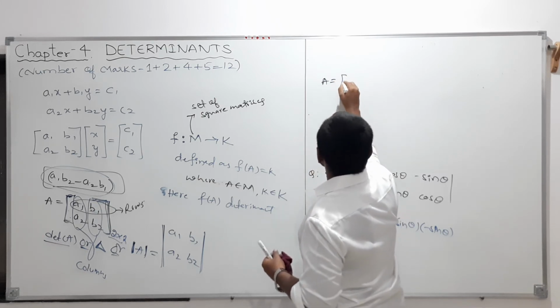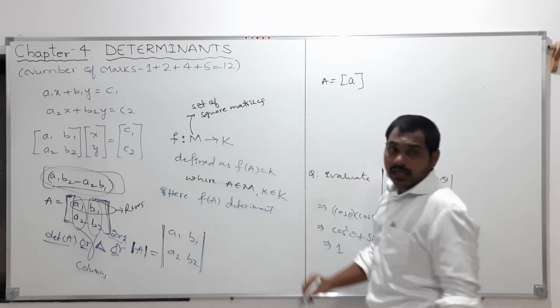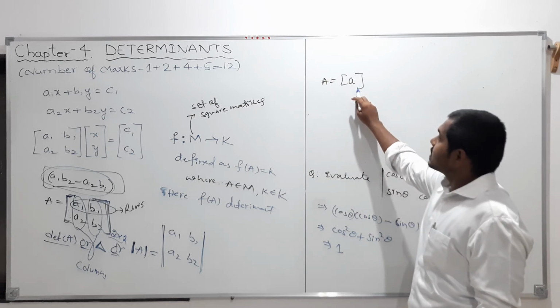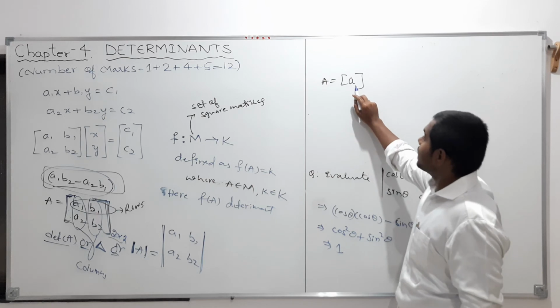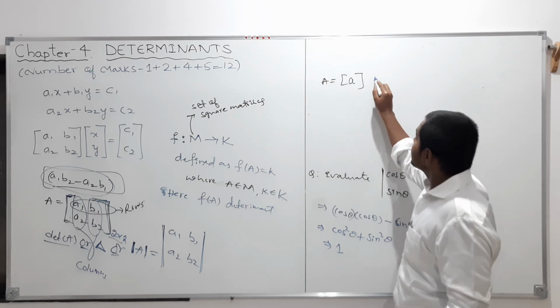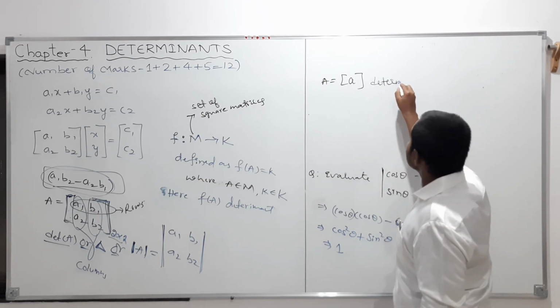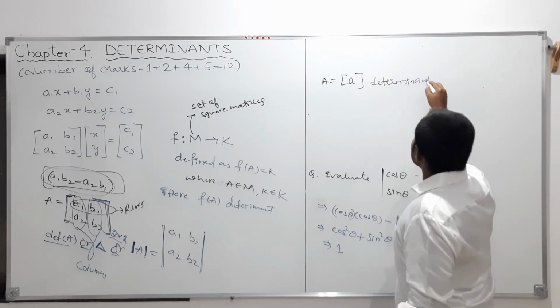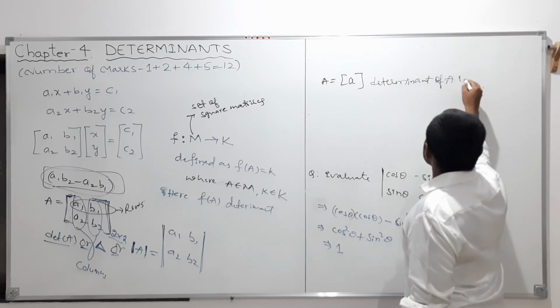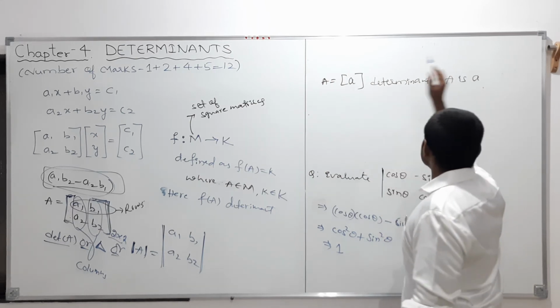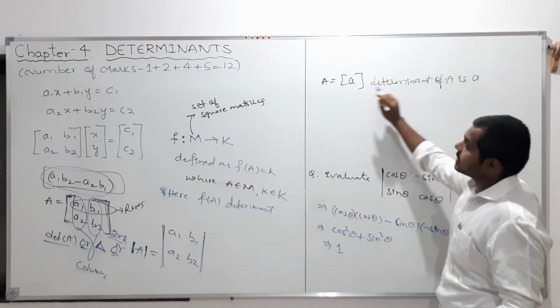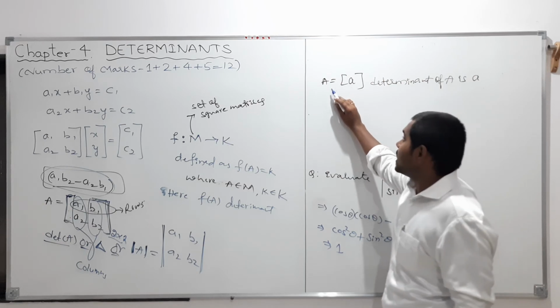If A is the matrix given to you and it is only of the order 1, this is the matrix of the order 1, in that case the determinant of A is A itself. Whatever element you have inside the bracket, that element itself is the determinant value of A.